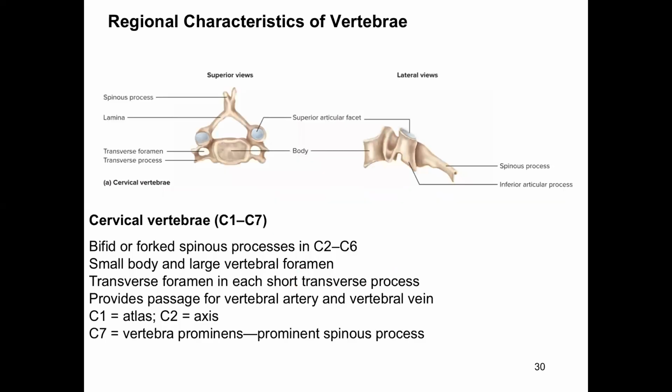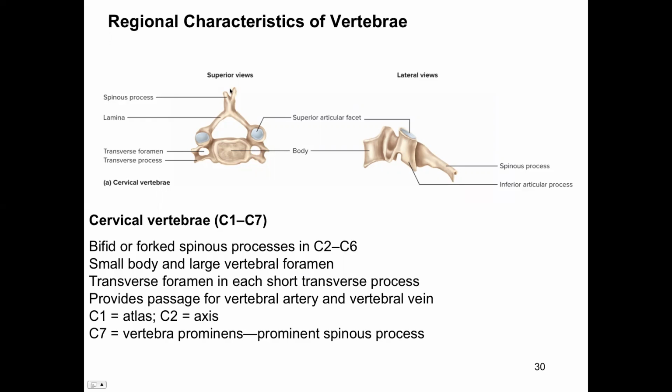Now, the cervical vertebrae. There are a couple of special things that we use a lot in lab, which is why I bring these up. Here you've got these transverse foramens. These are only going to be apparent in the cervical vertebrae.